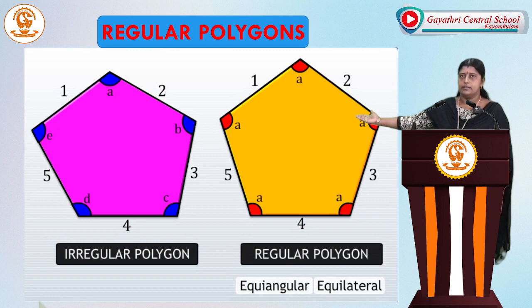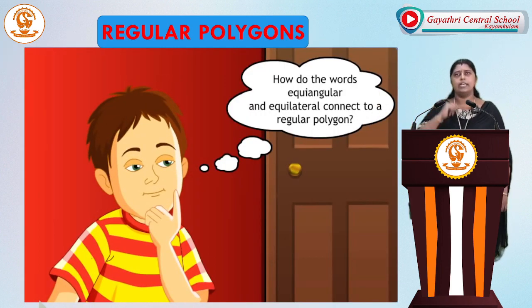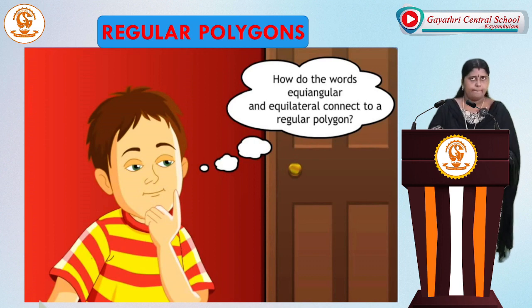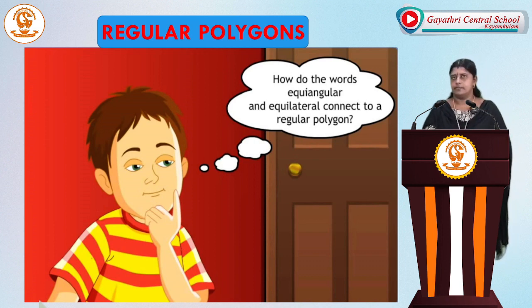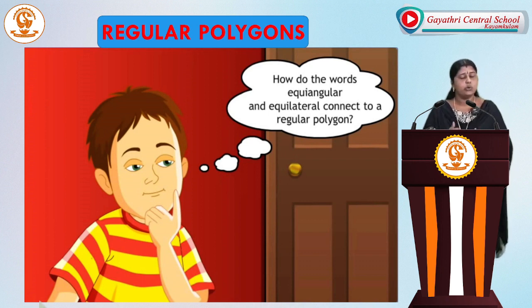Regular polygon is equiangular and equilateral. The words equiangular and equilateral, how are they connected to a regular polygon? Equiangular and equilateral. All the sides and angles should be equal. Yes. All the sides and angles are equal, ma'am. Yes, in a regular polygon, all the sides are equal and all of its angles are also equal.